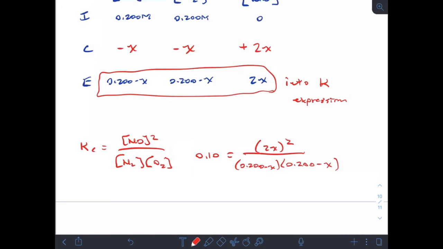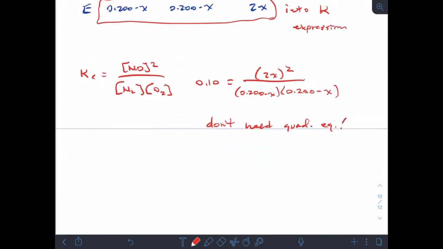Now, I want to make something very, very clear. The quadratic equation is not the only way. We don't need the quadratic equation here. Let me rewrite this a little bit to make it more obvious what we can do to avoid using the quadratic.